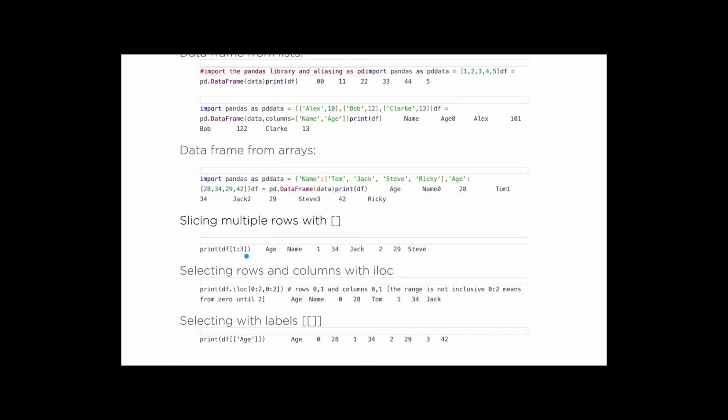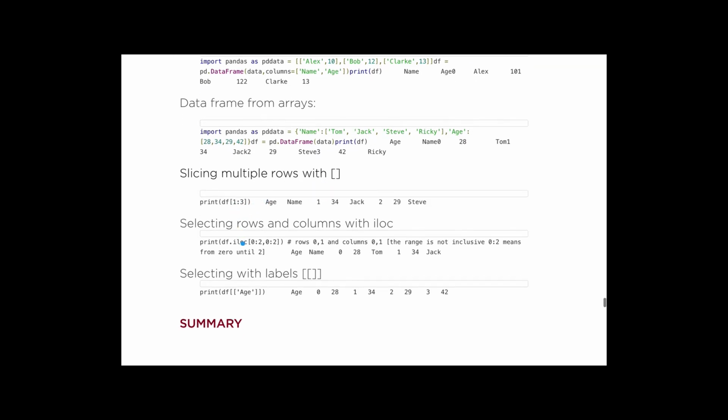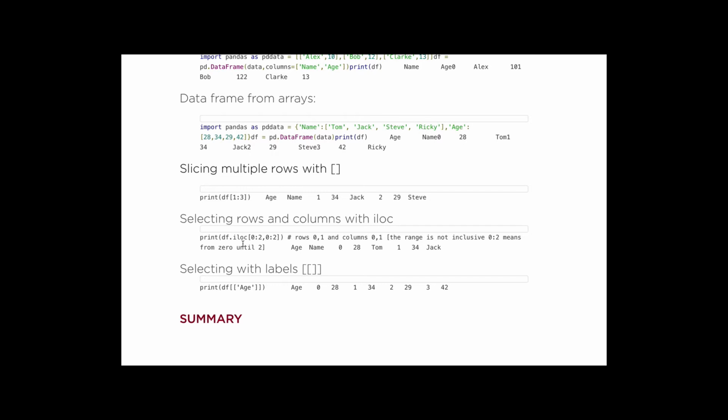Now let's look at slicing multiple rows. We use a single square bracket, as in this case. We have 1 through 3. We can also select rows and columns. In this case, we would use iloc, location. So instead of df[1:3], we would specify, and remember, first come rows, second are columns.